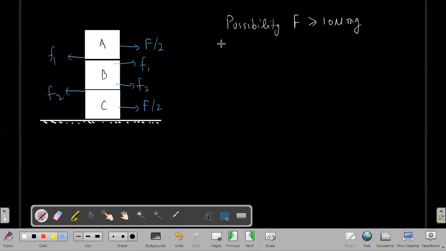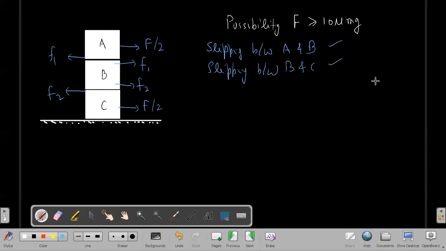Now, when the force exceeds 10 mu mg, slipping will occur between A and B, as well as between block B and block C. In this case, we cannot consider all the three blocks as a single unit because they are slipping with respect to each other, and therefore we have to find the acceleration of each block considering them separately.